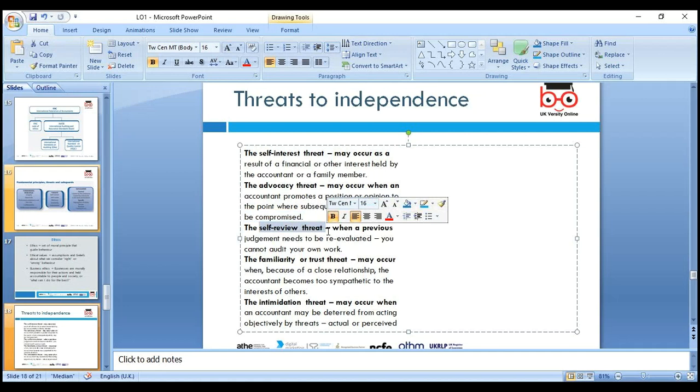Self-review: I was an accountant in our organization, now I've moved to an audit company or audit department, and I prepare accounts. So now I'm checking my own work. When I'm checking my own work, I'm not going to identify my mistakes. That's not professional behavior, and objectivity can be compromised again.